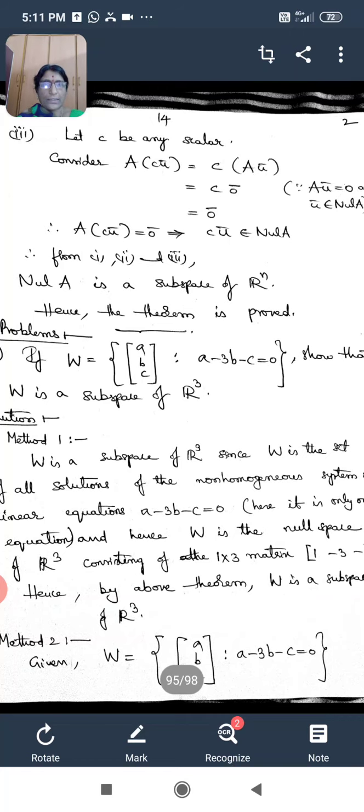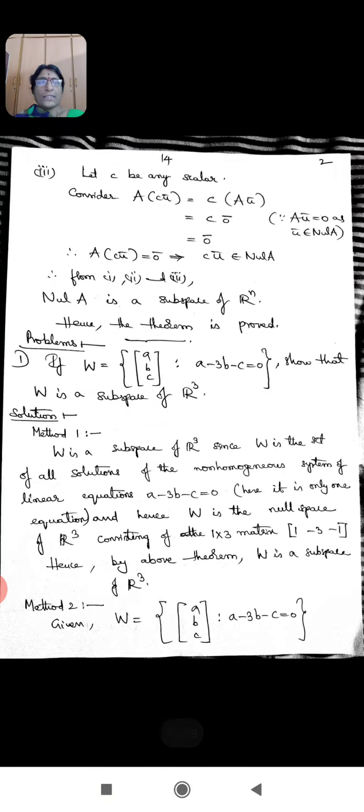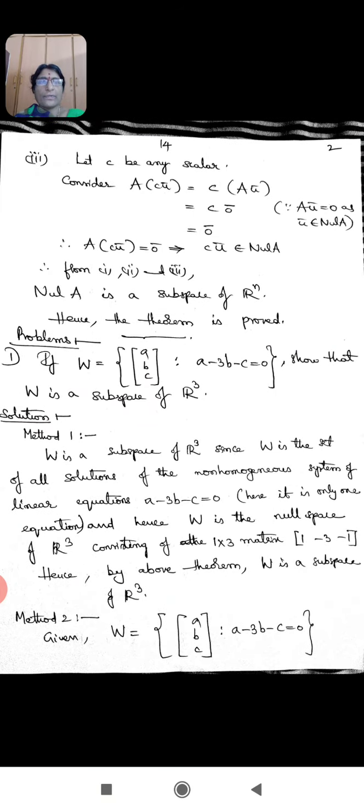show in this problem, and I am claiming directly in the first step itself that W is a subspace of R3, and then I am proceeding to justify my statement by giving some reasons.